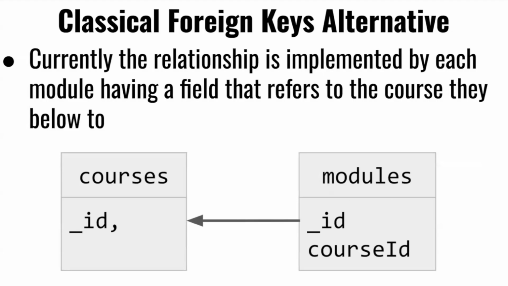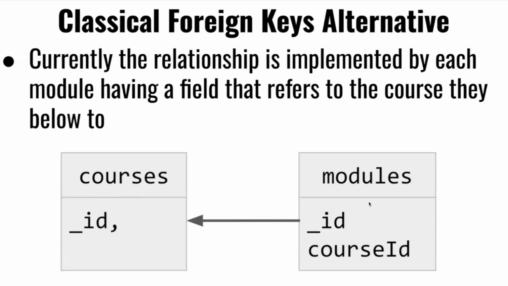Now, in relational databases, the classical way to implement this is to have a table that captures all the courses, the records of the course where you have the primary keys, the names, the description of the courses, all the instances, each row representing a course, and there's a primary key for each one of those courses. Now, in another table, you would capture the instances of modules, each one with its own primary key and its own fields of name, description, and so on. Okay.